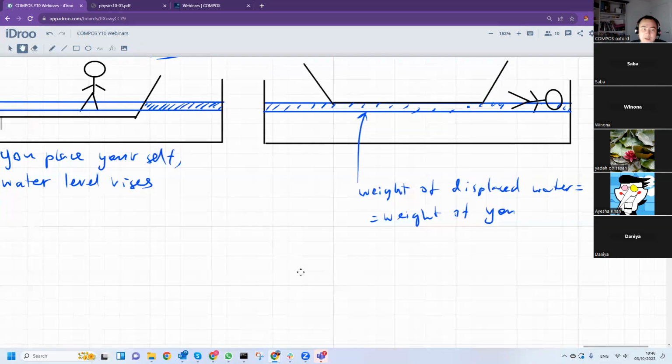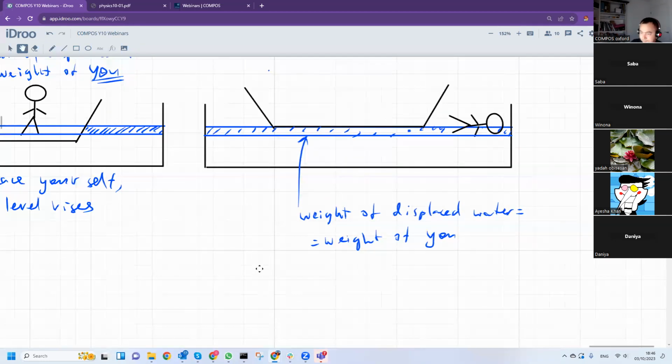It has nothing to do with the surface area. Surface area does not matter.